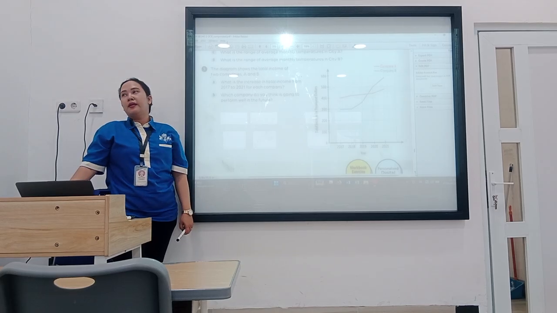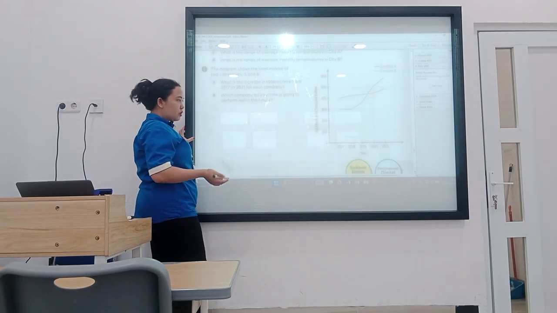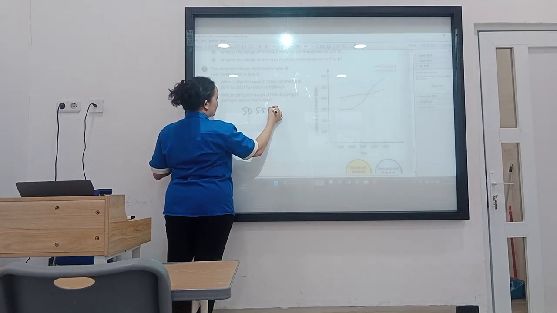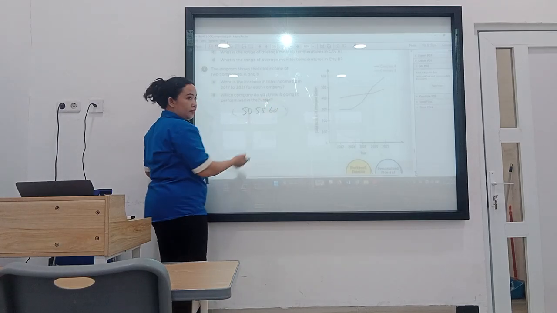The mean is the average number. For example, there are some scores or values like 50, 55, and 60. We total them and then divide by 3.